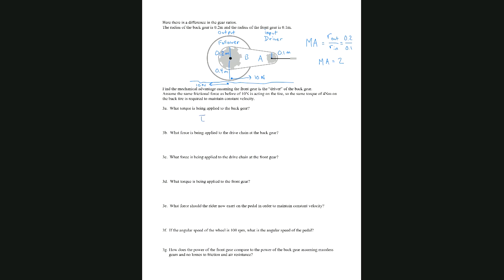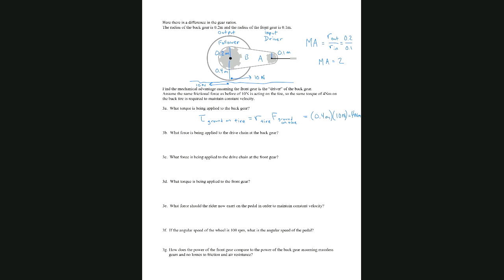The torque of the ground on the tire equals the R of the tire times the force of the ground on tire. So that's going to be 0.4 meters times 10 newtons. It's 4 Newton meters of torque.